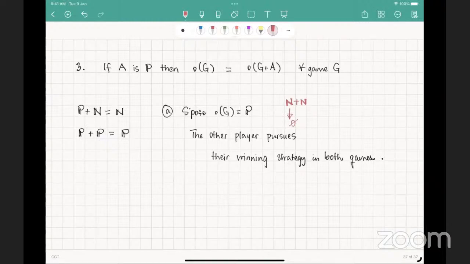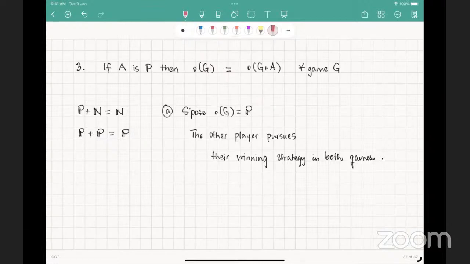And now they're left with an empty game, an end game, and this is the state that they offer to the other player. And now the other player has a win starting from here, right? So that's where you get stuck if you were starting with an N plus N, because you can morph the status of one game and you could give an advantage to the other player in the other game, right?